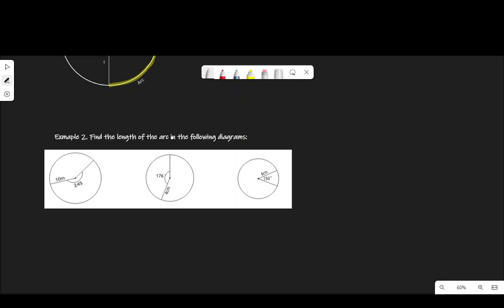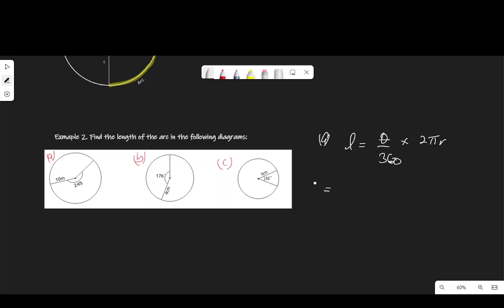So finding the length of each of these arcs, let me label this A, B, and C again. This is A, and this is B, this is C. So for A, length of arc is theta over 360 times 2 pi r.